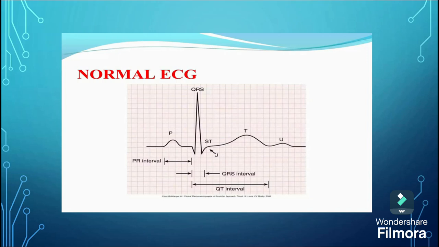The ST segment is important for ischemic heart disease, and this is your U wave. So this is the QRS interval, and this is the QT interval. So this is the normal ECG.